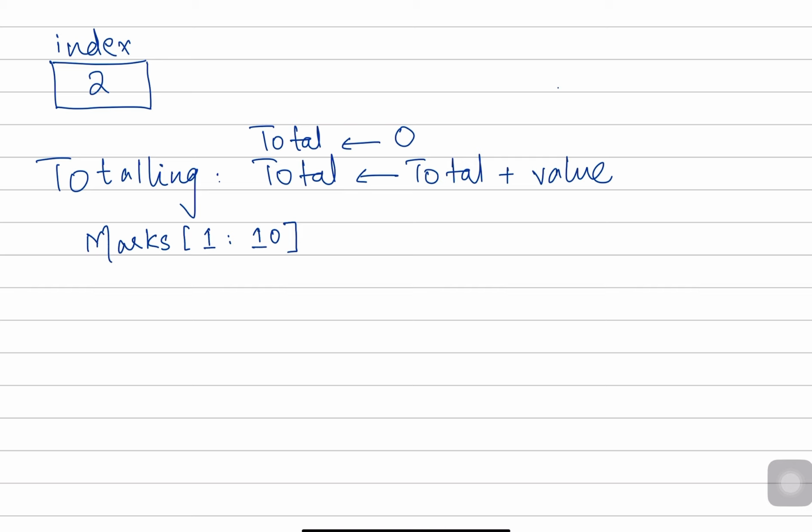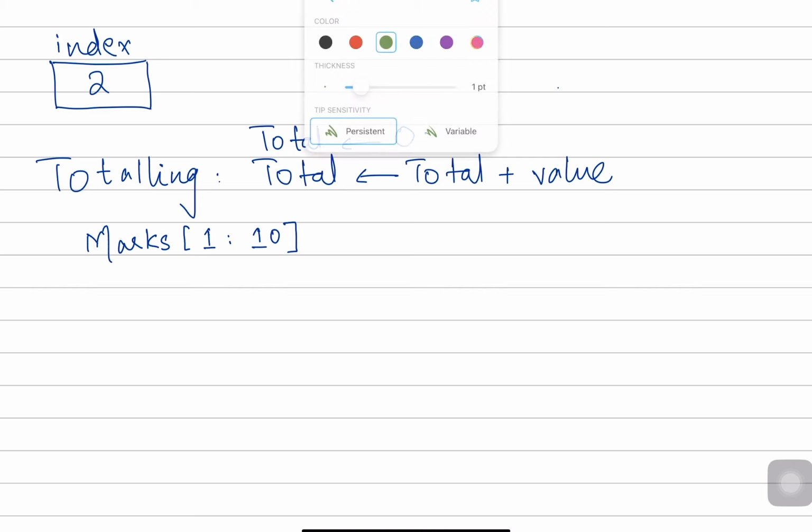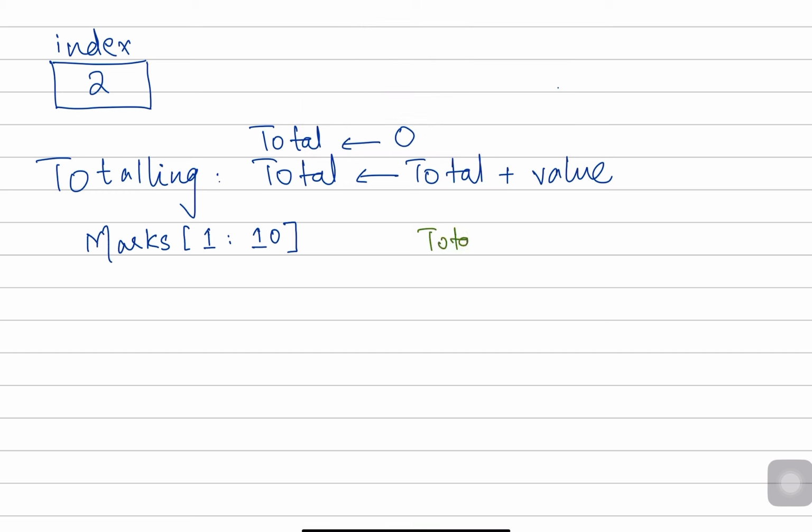It will be like total should be equal to marks of 1 plus marks of 2 plus so on. Okay, and what if you have 50 marks to add? Are you going to write all those 50 times?